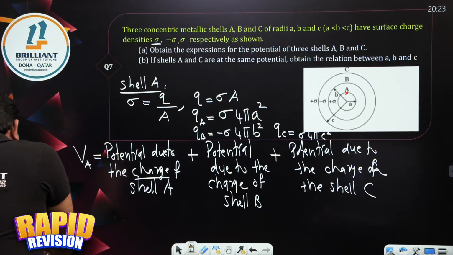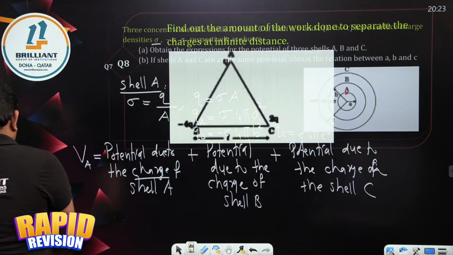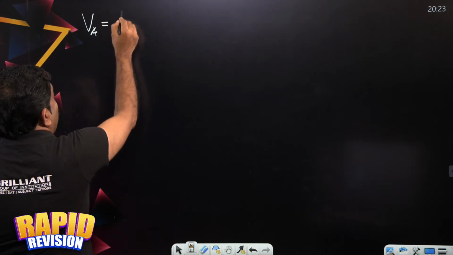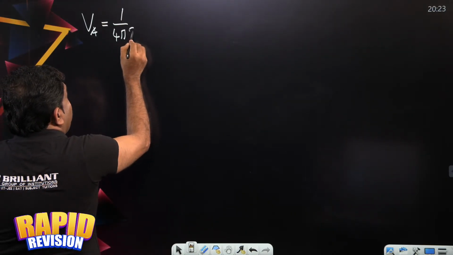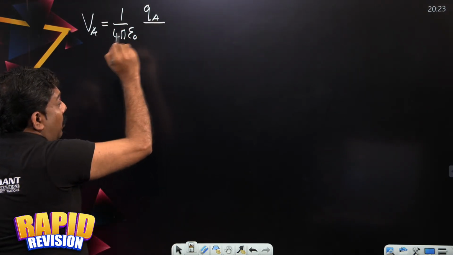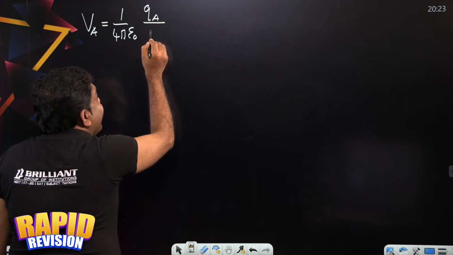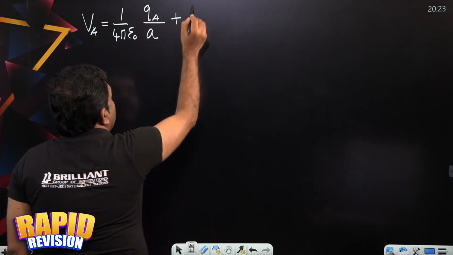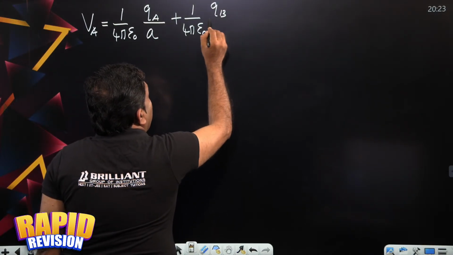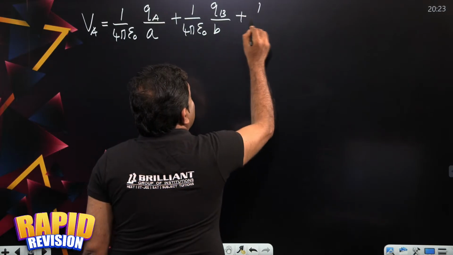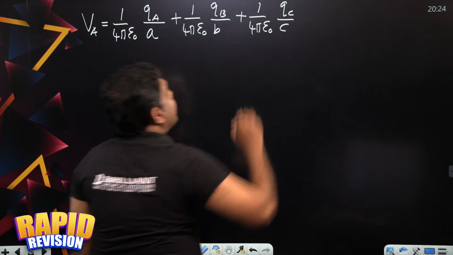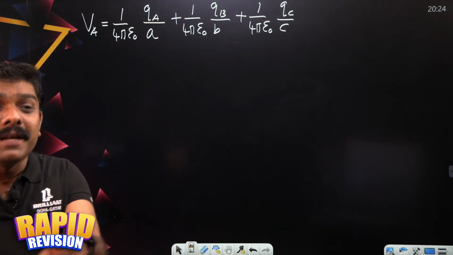So I'm ready to write the total potential equation now. Please see, VA is equal to 1 by 4 pi epsilon 0 QA by A, that is the charge on the shell A, its radius is A, plus 1 by 4 pi epsilon 0 QB by B, plus 1 by 4 pi epsilon 0 QC by C. Now we are replacing all these values.